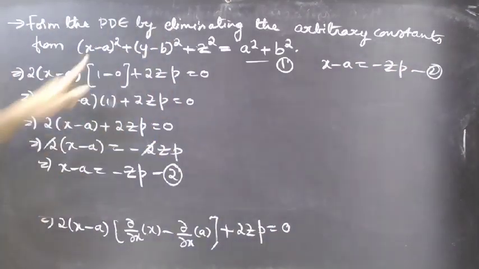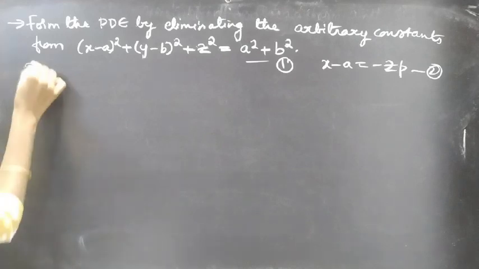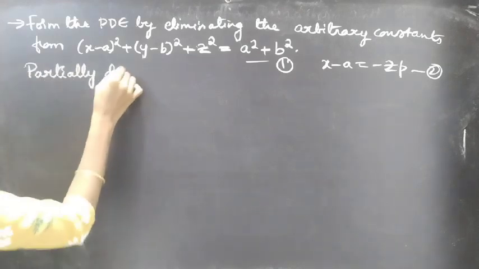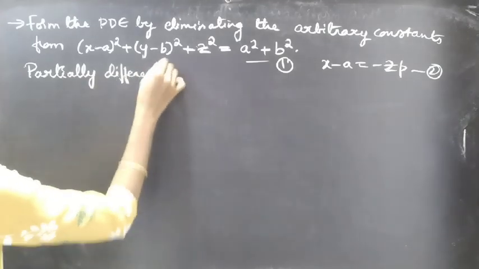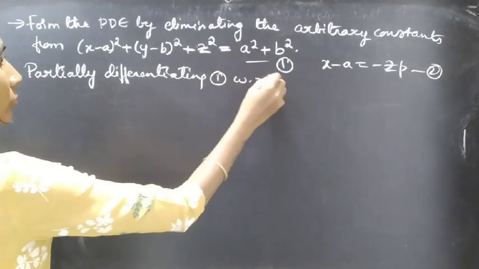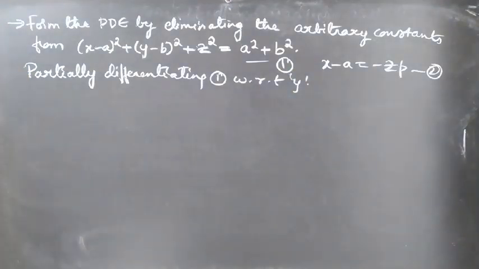Now partially differentiate 1 with respect to y. Since we are partially differentiating 1 with respect to y, we'll treat x as constant, right?